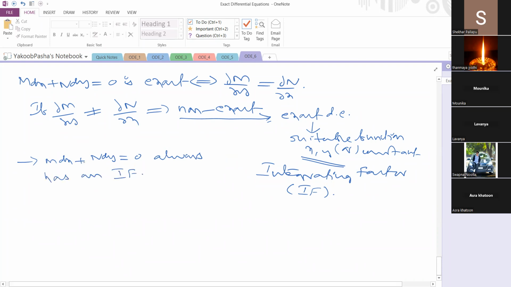If it is exact, the integrating factor is 1. If it is not exact, we need to find it. And the integrating factor is not unique, which means there are an infinite number of integrating factors for a given differential equation.